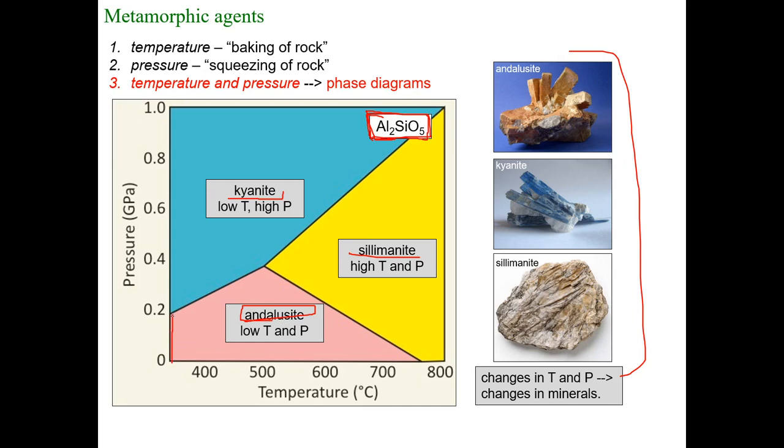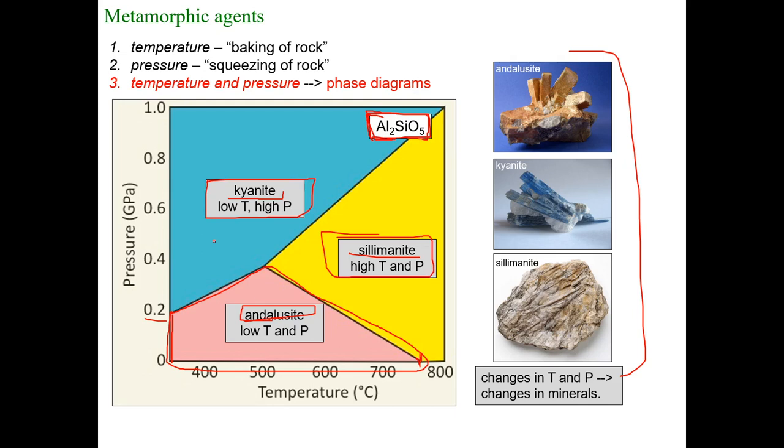Andalusite is stable at relatively low pressures, 0.2 GPa, so that's 2 kbar up to this point, but you can see that it changes with temperature. Sillimanite is stable at higher temperatures, whereas kyanite is stable at relatively high pressures and lower temperatures.